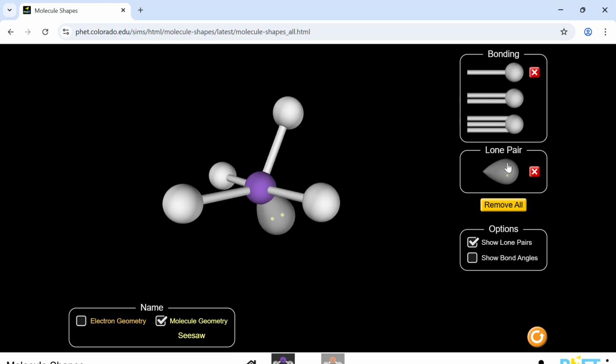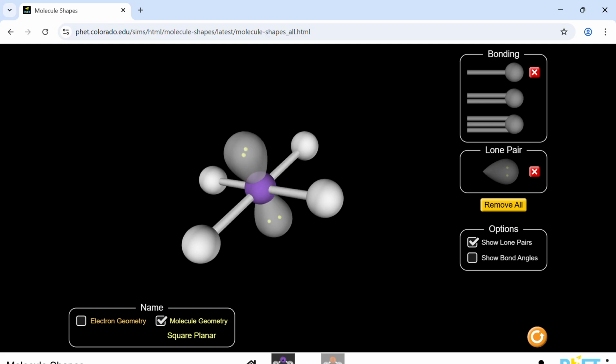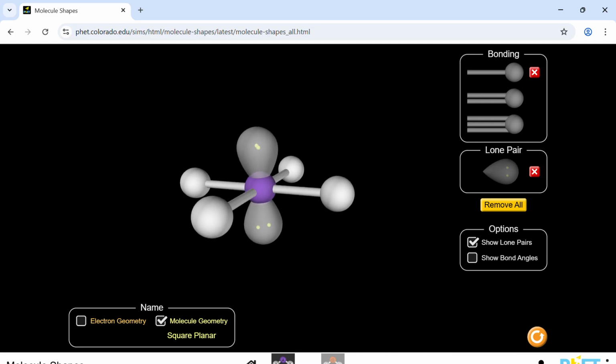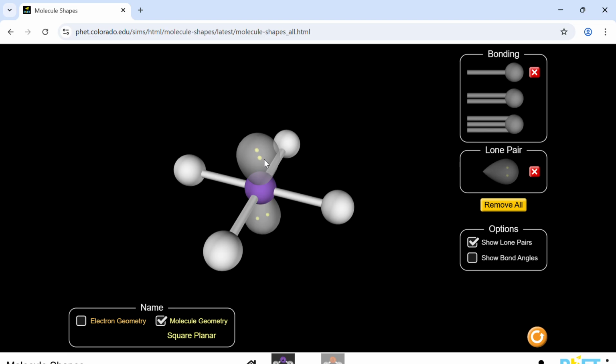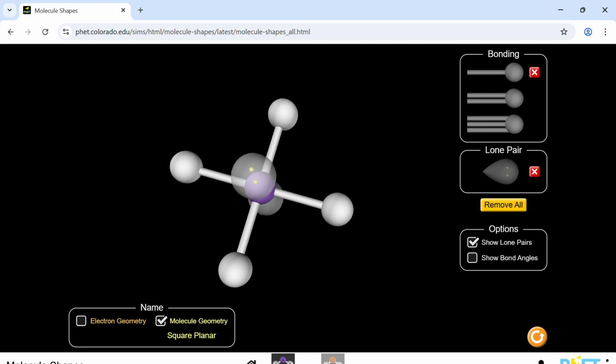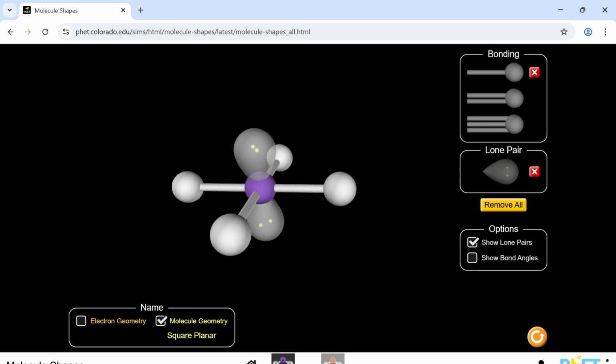So we can replace one more covalent bond by a lone pair. So we will have two lone pairs on the top and bottom of the central atom, and then 4 single bonds, or not necessarily single bonds, and 4 atoms surrounding the central atom evenly, like a square shape.